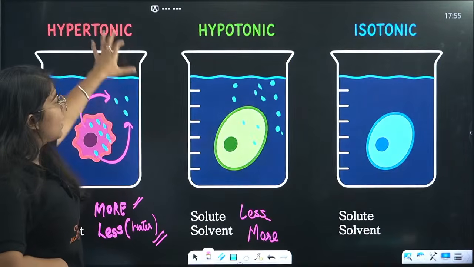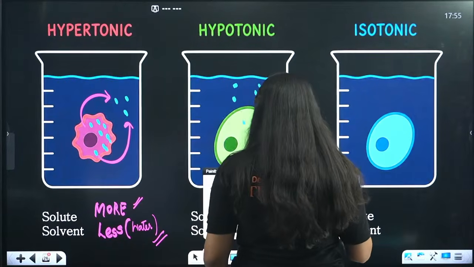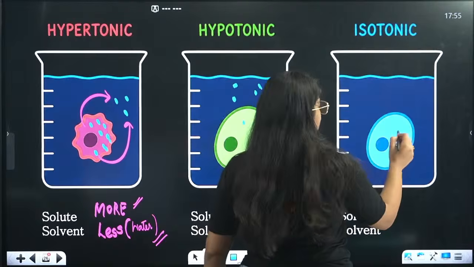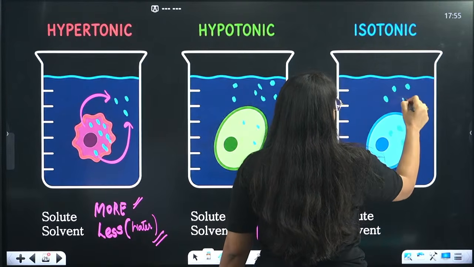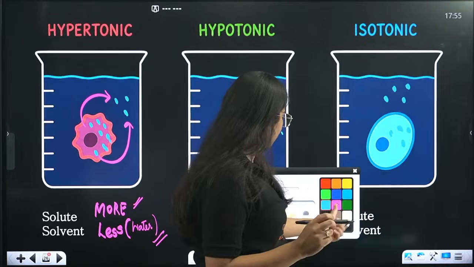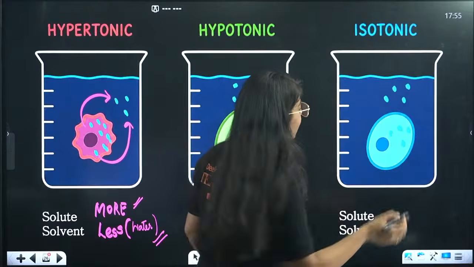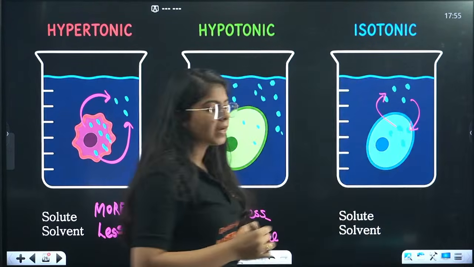Understood? So hypertonic, hypotonic, and isotonic. Isotonic is simply nothing. You will understand later. So it has the same concentration of water inside the cell and outside the cell. So water will not move anywhere, or whatever water goes out, the same concentration of water will come back inside the cell.